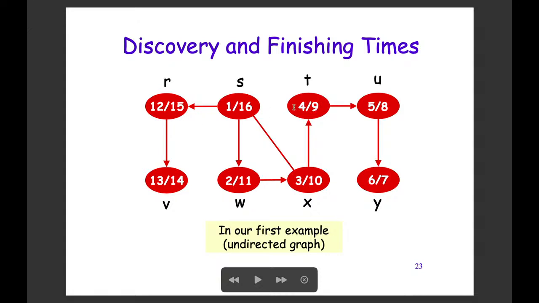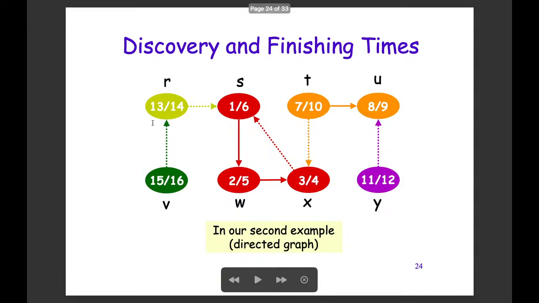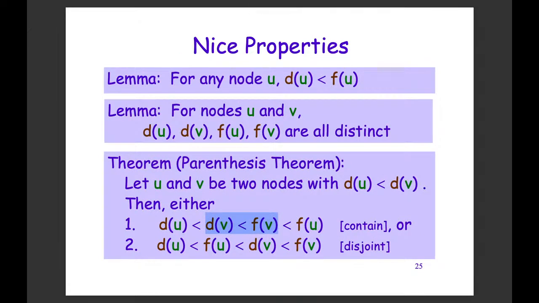This is from 4, but then this is from 5. That means we have to finish this one before we can finish this one. So in that case, this should have a longer finishing time rather than being disjoint. Okay, so this is a very nice property about the discovery time and the finishing time of a DFS search scenario.